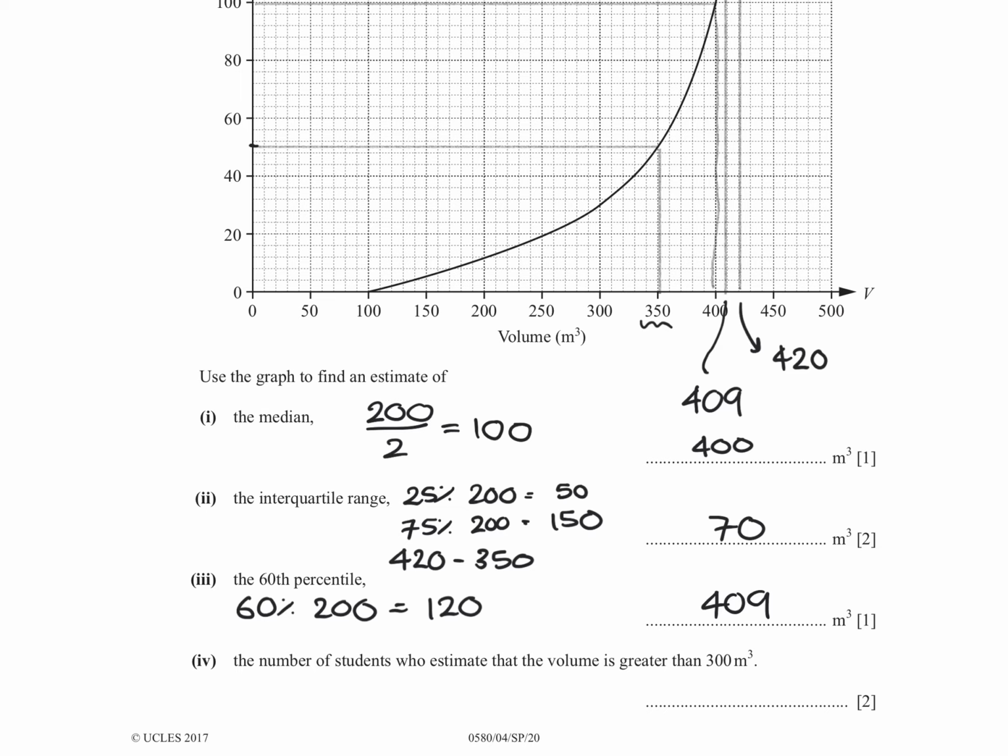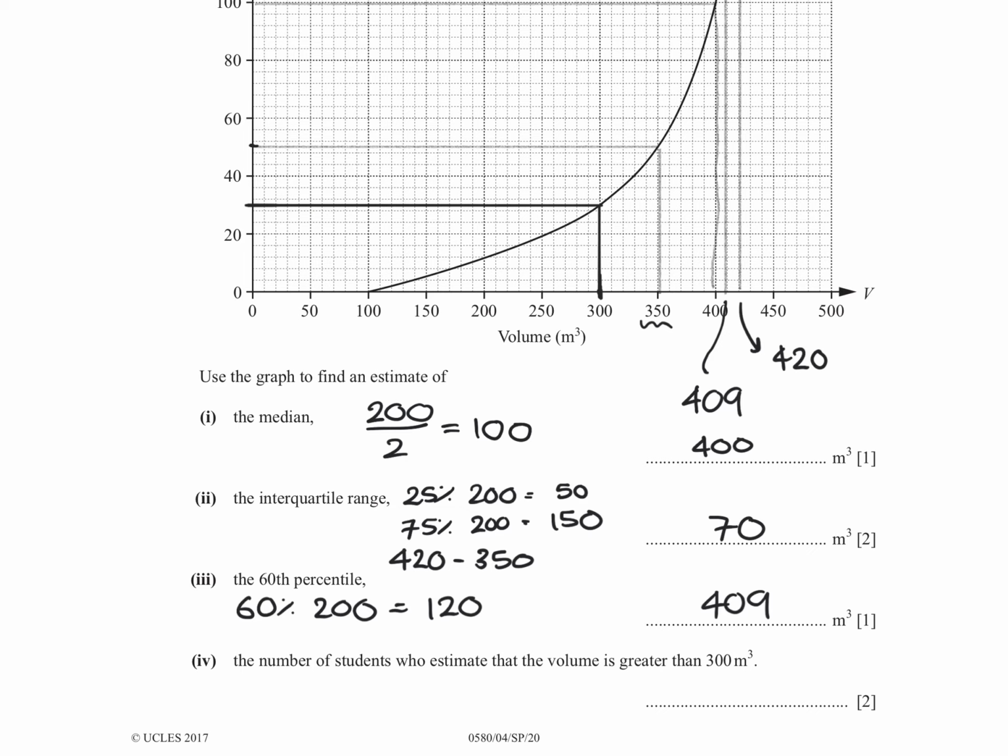Part 4. Find the number of students who estimate that the volume is greater than 300 meters cubed. If we go to 300 on the volume axis, 300 is right here. Right here, it corresponds to 30 people.